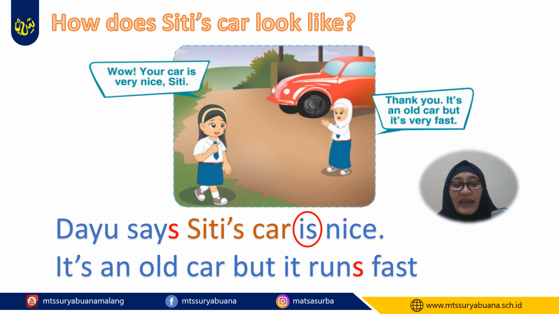Or we can say it's an old car but it runs fast. Remember the red letters here? Here we use S in the verb because the subject is only one. The first one is Dayu and the second one here is the car, or it.